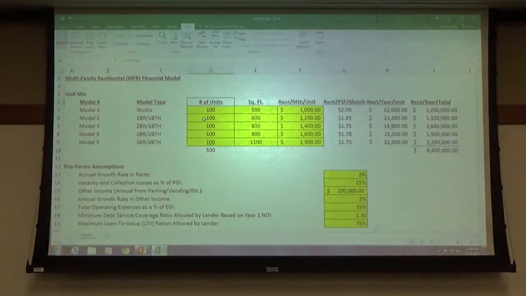That measure changes significantly from one market to the next. A normal studio within this market would be around 500 square feet. A normal one bedroom would be around 600 square feet. But the tighter the market, the smaller the units.